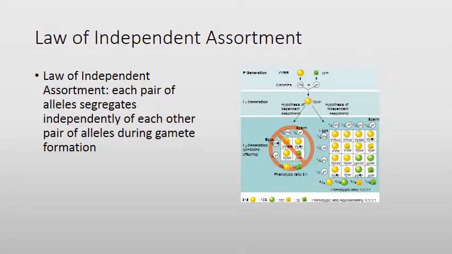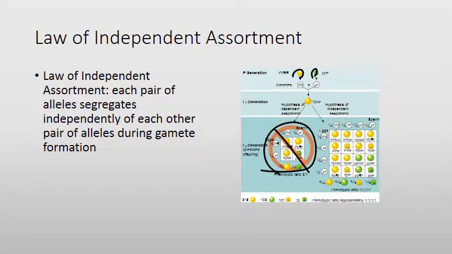And then finally, the last law that he came up with was the law of independent assortment. This is where each pair of alleles segregates independently of each other. It was believed that when you have two different genes, in this case the gene for seed color and the gene for texture of seed, with seed colors yellow and green and textures smooth and rough up here, that these were connected, which we can see is wrong.